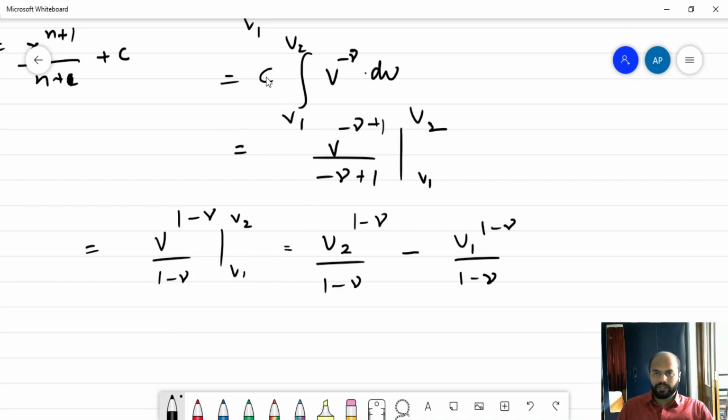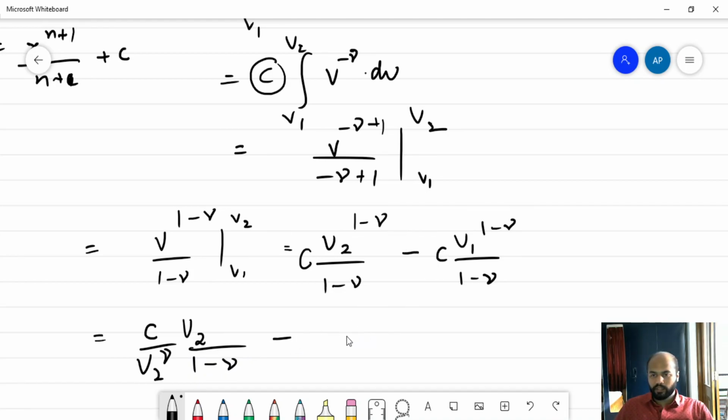There is also a constant which is kept outside, so let's take this constant. Overall this is going to look like C by V2 raised to gamma times V2 by 1 minus gamma, minus C by V1 raised to gamma times V1 by 1 minus gamma.